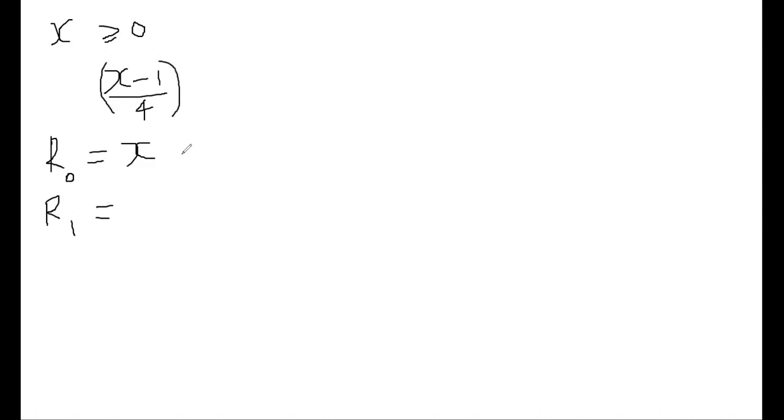You can easily see that you are subtracting (x minus 1)/4 from x, which is nothing but 3/4 of (x minus 1). Okay, so let me clarify this once. We have x coconuts. The first person took (x minus 1)/4 away, right?